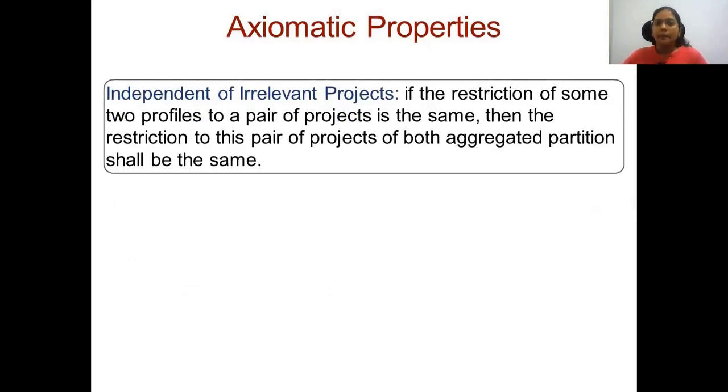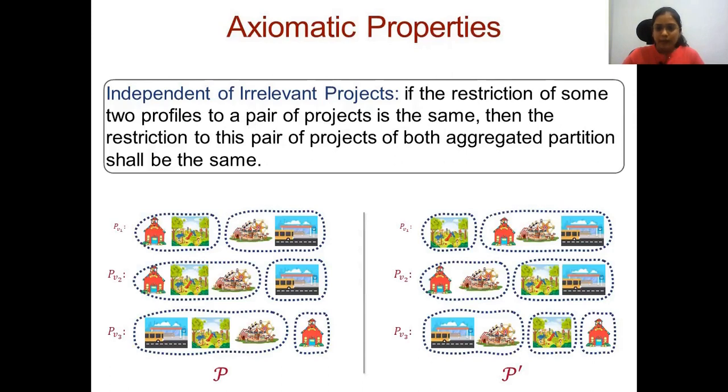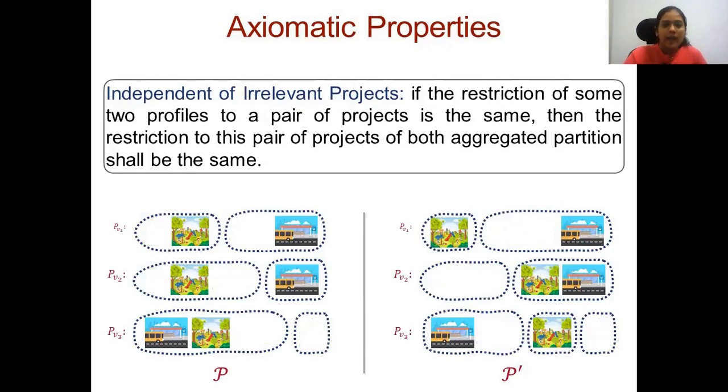Our next property is independence of irrelevant projects. If the restriction of 2 profiles to a pair of projects is the same, then the restriction to this pair of projects of both aggregated partitions should also be the same. So if we consider the profiles P and P prime, and restrict ourselves to these two projects, Green Park and bus stop, we can see that for two voters these are in different parts in both the profiles, and for one voter these are in the same part.